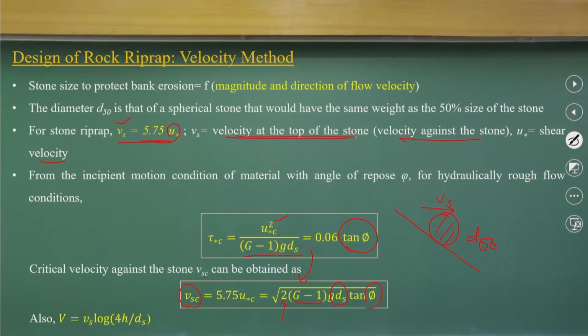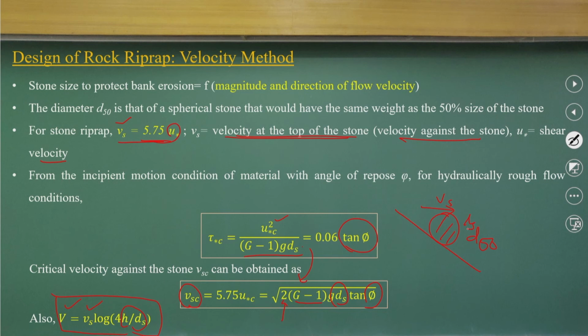But again there is an empirical relation, a logarithmic relationship of flow velocity with respect to the velocity at the top of the stones and relative submergence h by Ds. So that is the empirical relation.